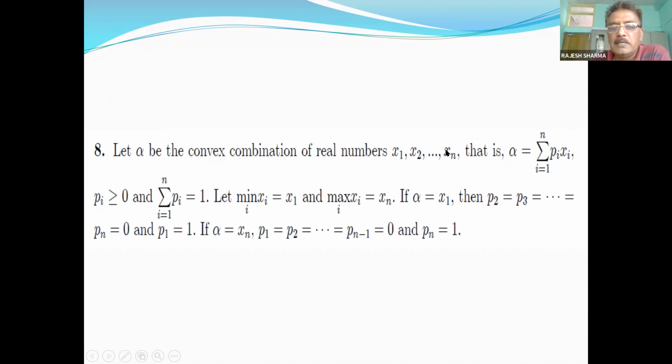Say x1 is smallest, xn is largest. So this arithmetic mean lies between x1 and xn. So in this question, this arithmetic mean equals the minimum of xi if p2, p3, up to pn are all 0 and p1 is 1. And likewise, this arithmetic mean is equal to the largest of xi if all these pi's are 0 and pn is 1.